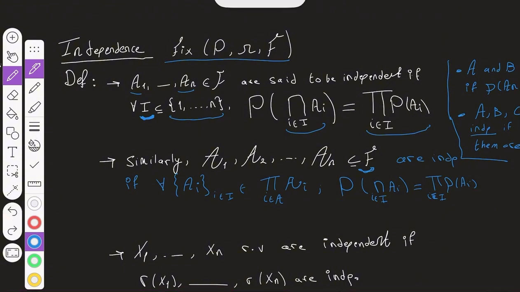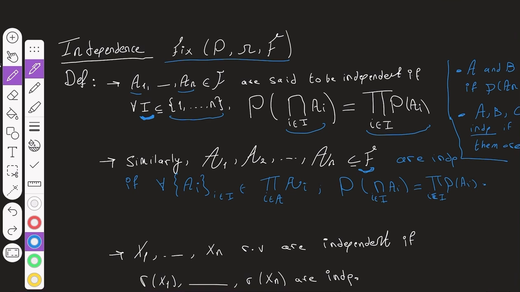This is the so-called independence of collections of sets, and we can particularly talk about independence of sigma algebras. These Ai can actually be sigma algebras, and it totally makes sense to talk of this.